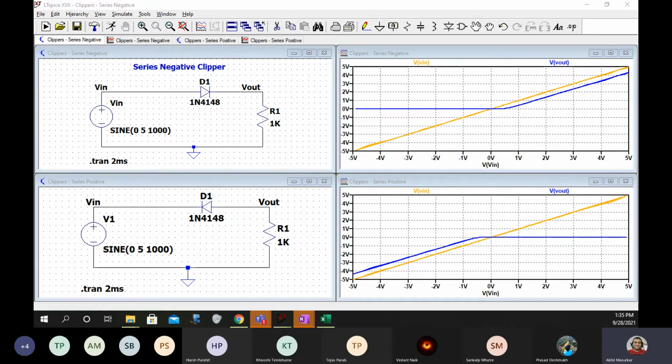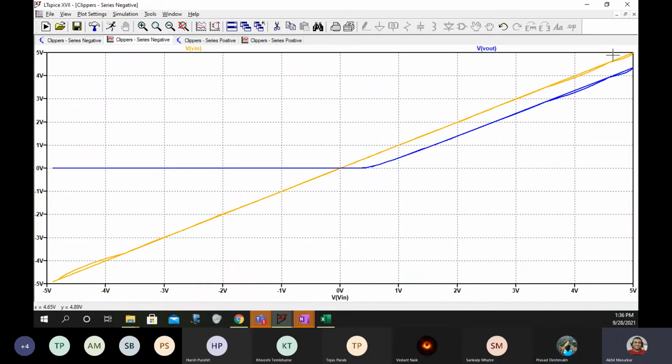Hello, sir. Yes, Prasad. Sir, how can I make that graph's length broader? Because they are very thin. What is thin? Sir, that graph plotted is very thin, it's not visible properly. So you want to maximize, you can maximize like this.